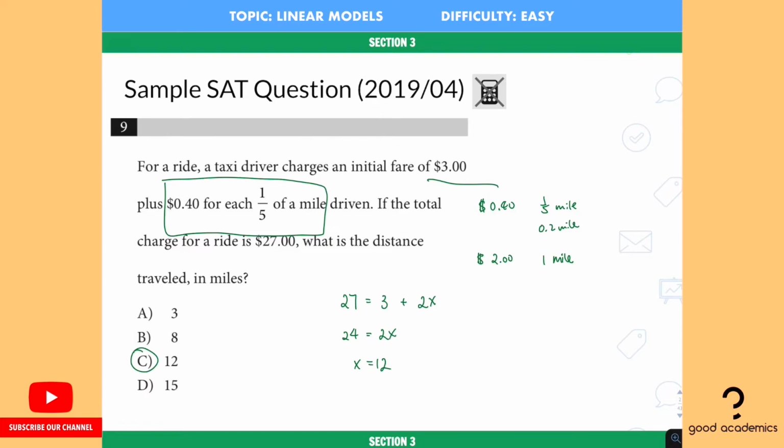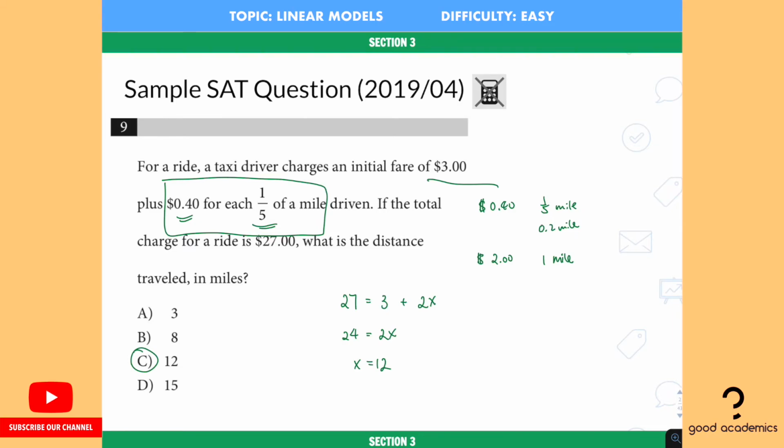The most difficult part is that if you try to force an equation with the 40 cents and 1/5 of a mile, that could be more challenging, because you might end up spending a lot of time figuring out how to put the 40 cents, or 0.4, and 1/5 together in the equation. So try to understand the context of the question so that you can make the best move for your problem solving, and make the best strategy for yourself.